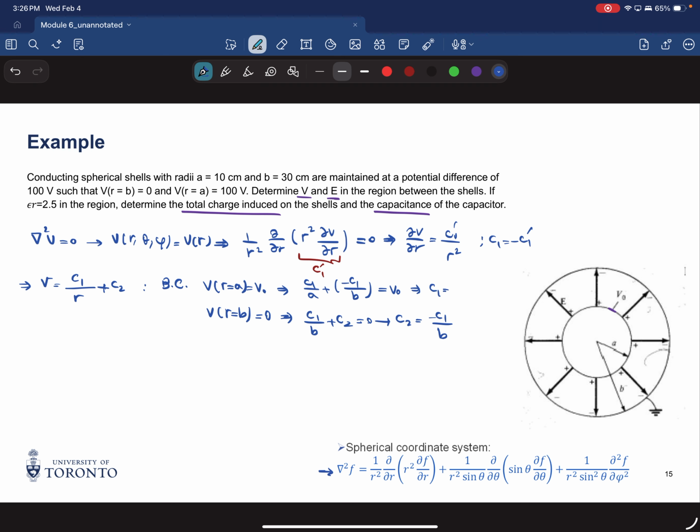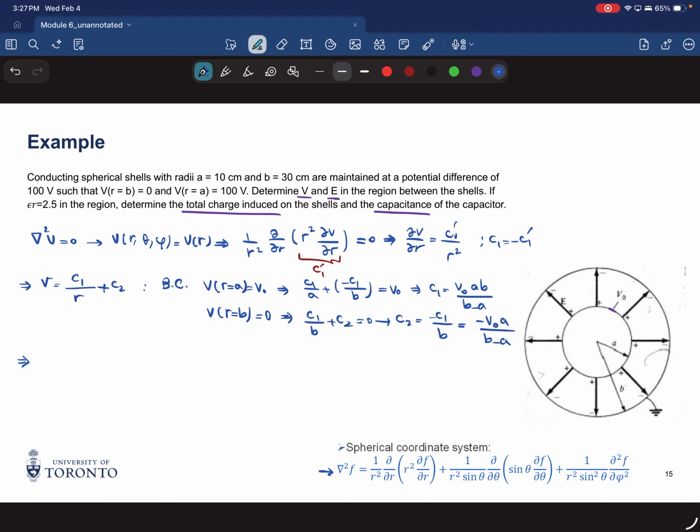So C1 is V naught A B over (B minus A), I think so, yeah. And C2 here is minus V naught A B over (B minus A).